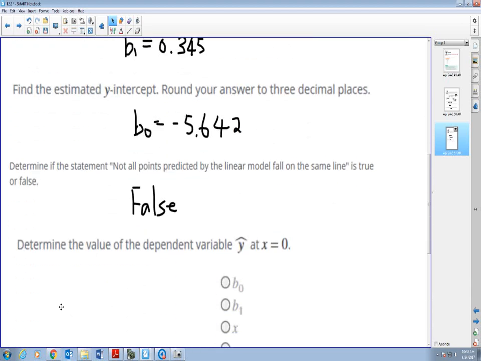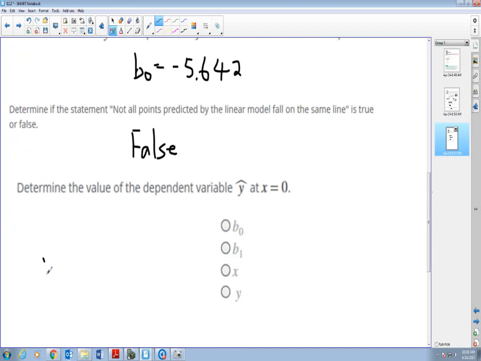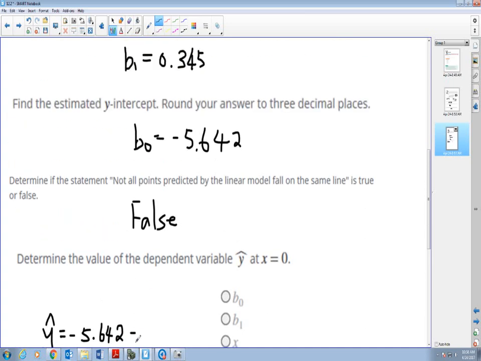According to the model written in the book, y hat equals negative 5.642 plus 0.345x, because the model written in the textbook is y hat equals b sub null plus b sub 1 x.